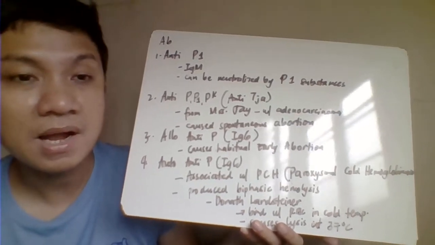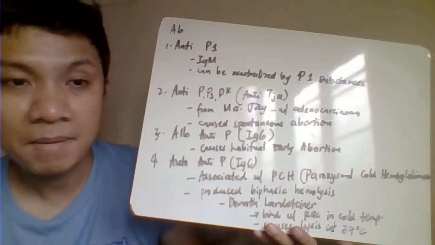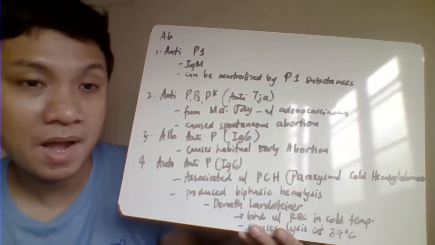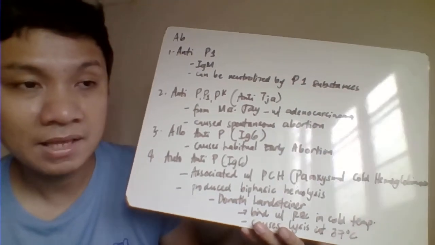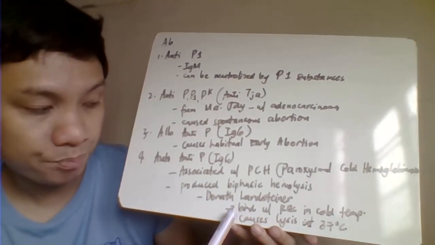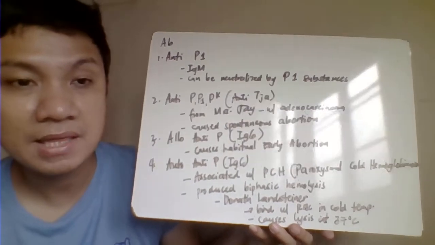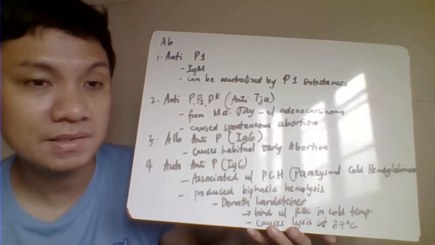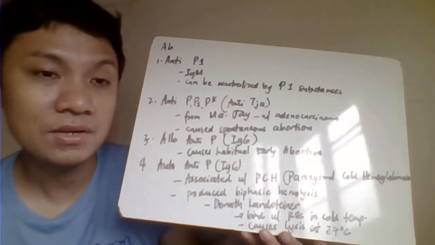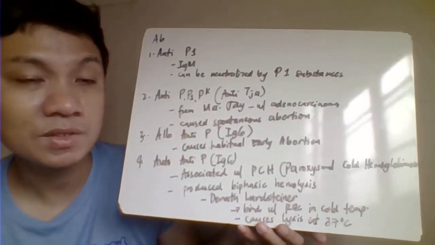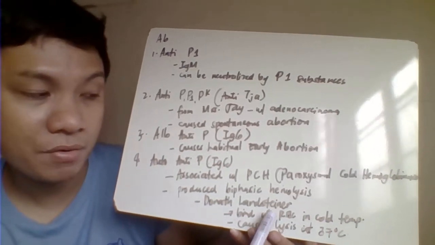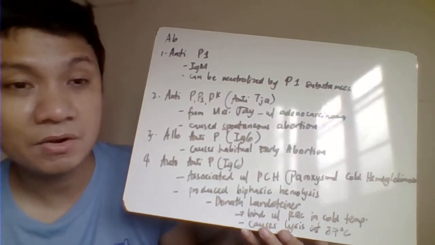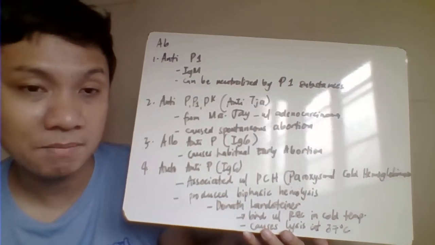So that's what's being called here your biphasic, because it tends to react to temperature. First, it tries to bind with the RBC membrane at cold temperature. But then eventually it causes hemolytic reactions or lysis of the RBC when exposed to another temperature, which is 37 degrees Celsius, much hotter, following binding of this antibody to the RBC, an attachment occurring at a cold temperature.